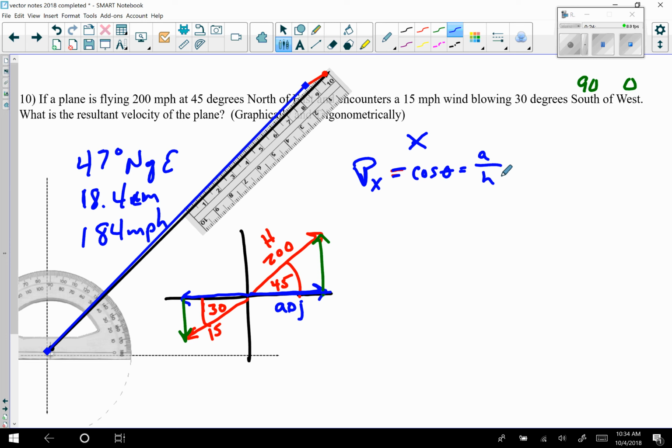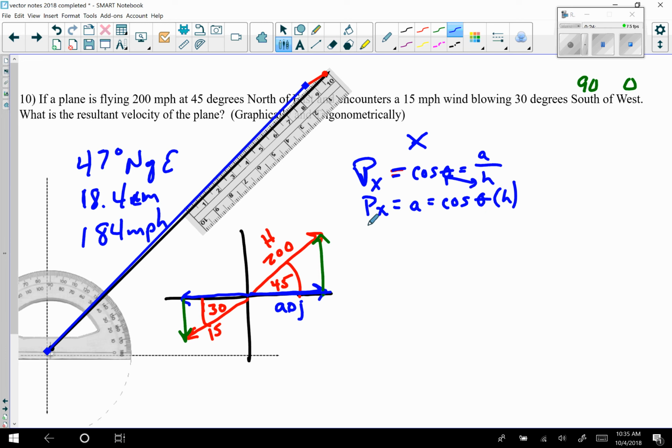Well, if you want to find the adjacent side, which is how much the plane's going in the x direction, the adjacent side is equal to the cosine of theta times the hypotenuse. Okay, so all I did there was cross multiply. I took the cosine here and multiplied it with the hypotenuse there.